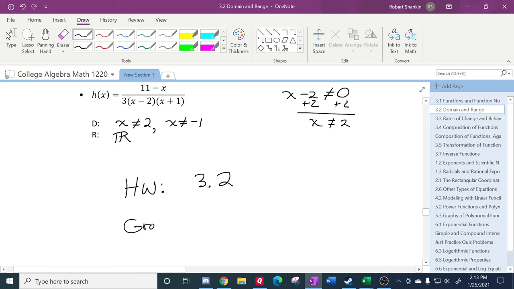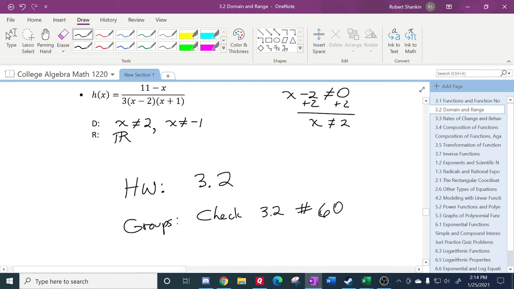Groups, I want you to get together outside of class, and in 3.2 check number 60.